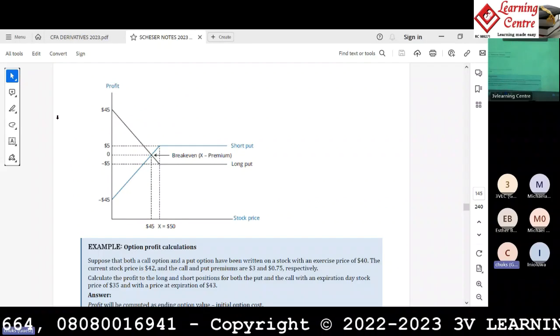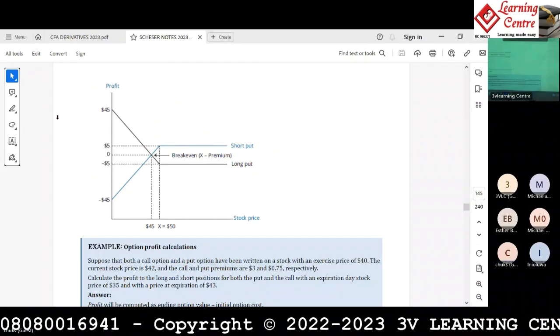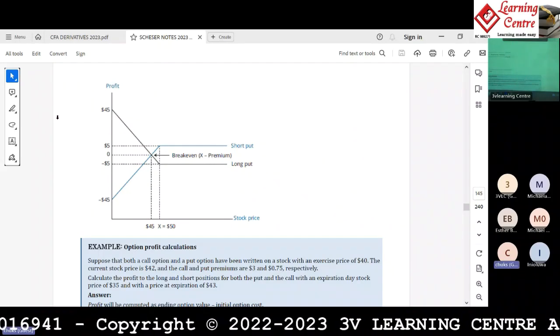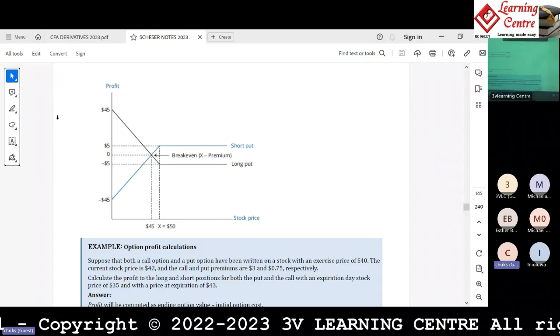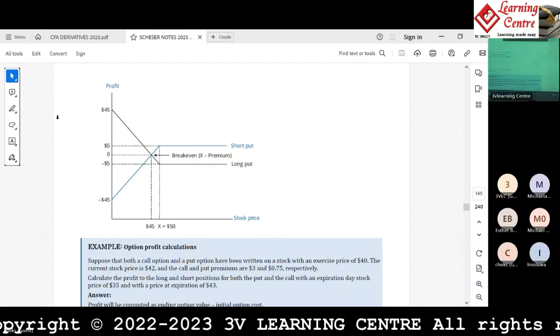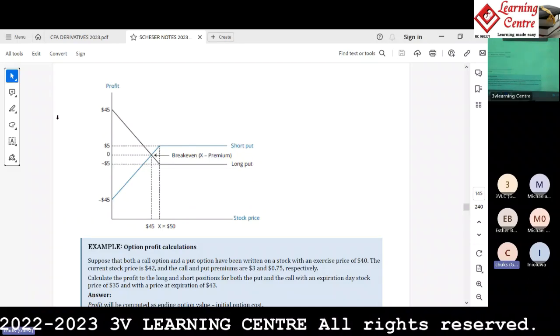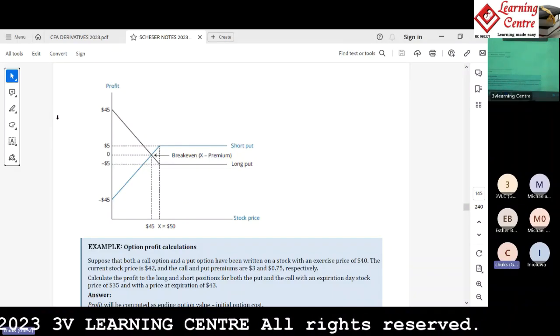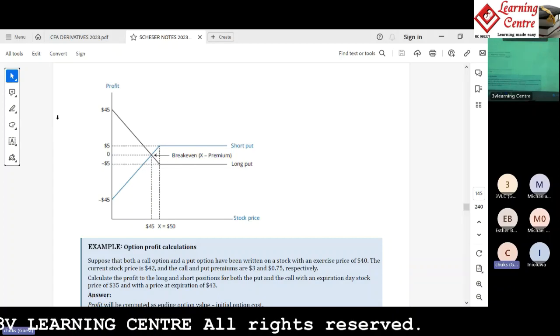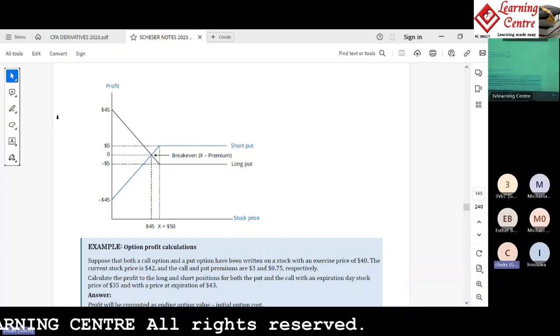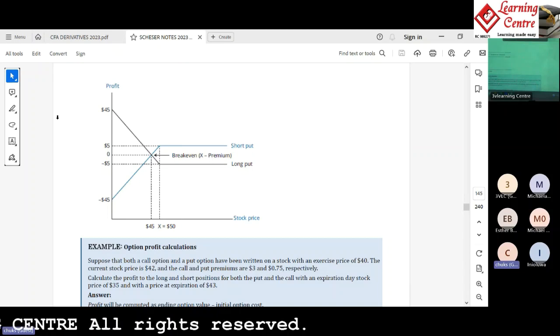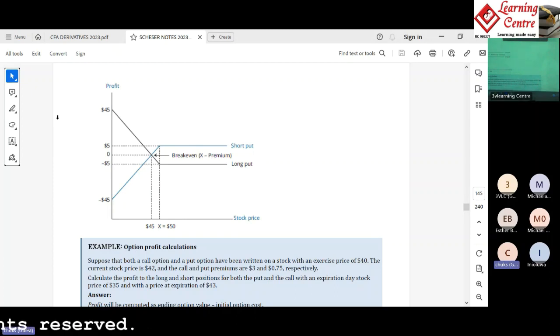Okay, thanks. That's clear. So in this question, we're asked to calculate a couple of things. The question says that there's an exercise price of 40. The current stock price is 42. So as at today, the stock price is 42. Then we spoke about premiums. So there's a call premium and there is a put premium, meaning we are calculating for both calls and puts.